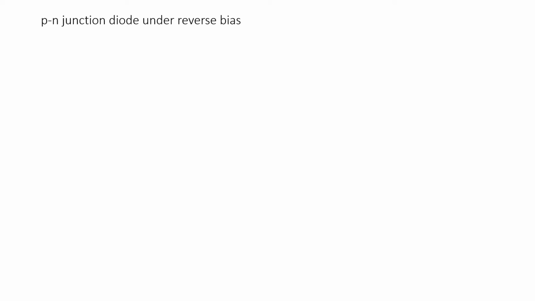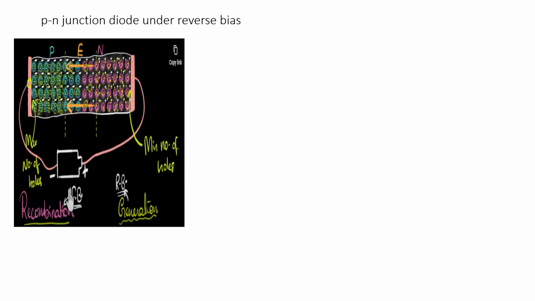Now, having studied the forward bias, we will reverse the battery potential as shown in the diagram. In the previous example, we had connected positive to P and negative to N. But in reverse bias, we connect the opposite, that is, negative to the P terminal and positive to the N terminal.